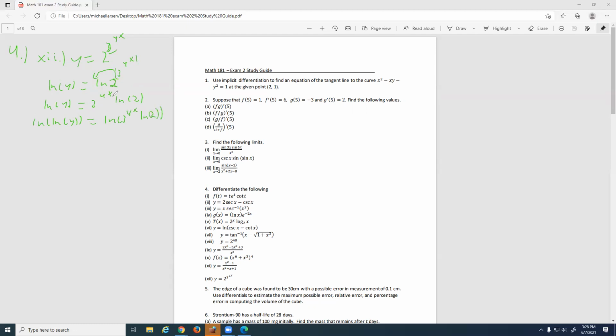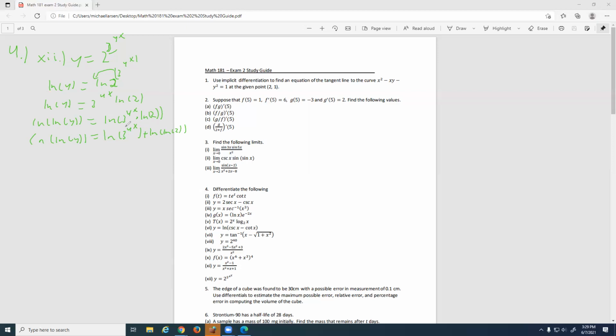And then let's see. So from here, we have natural log of y is equal to, let's see, this is a multiplication. Because we can use our log rules, we can say this is natural log 3 to the 4 to the x plus natural log of 2, I believe.